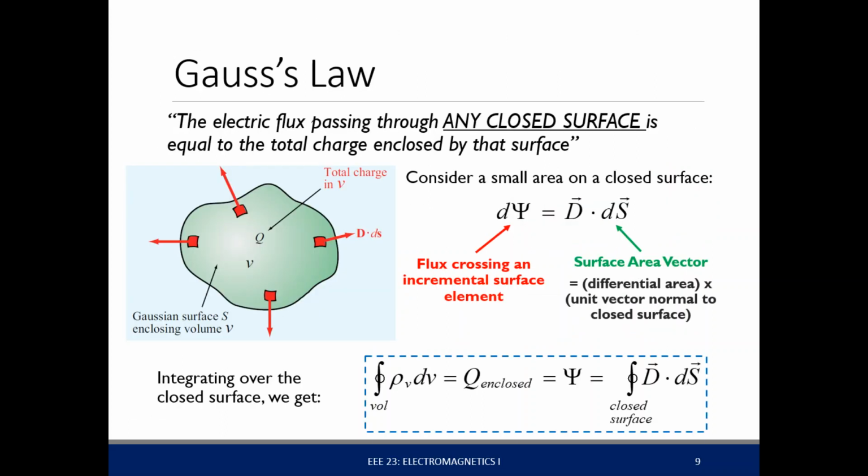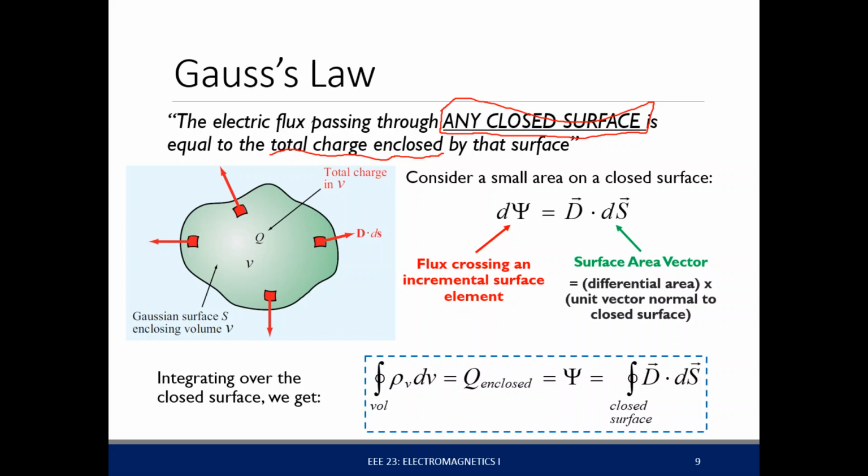So now you can generalize Faraday's experiment. Faraday's experiment can be generalized to any closed surface, and the total flux passing through this closed surface is equal to the total charge enclosed by that surface.